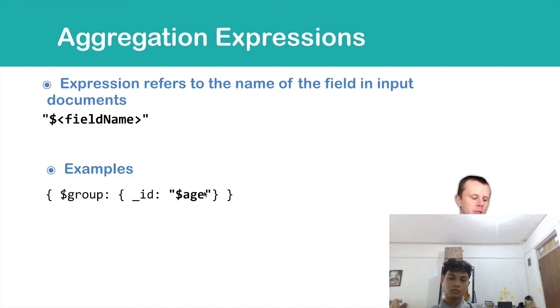If we omit those double quotes, then this $h would be interpreted as a variable. But in the aggregation framework, it is a reference to the field name of the input objects. That's why we must always embed those aggregation expressions in double quotes, so we pass the expression as a string.